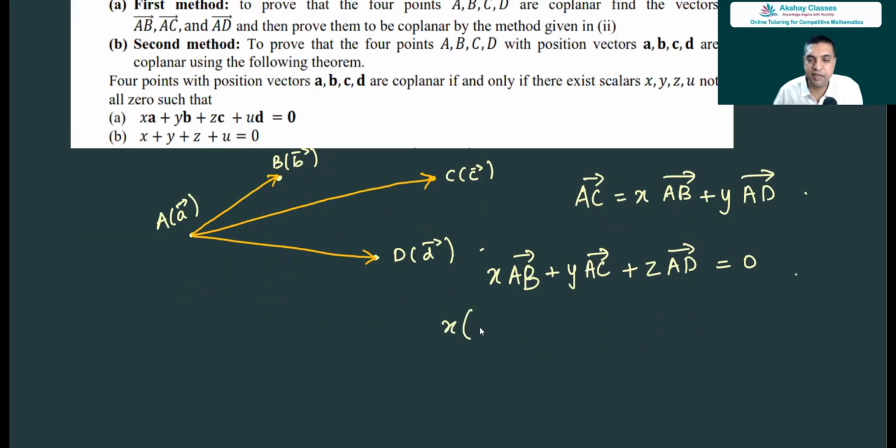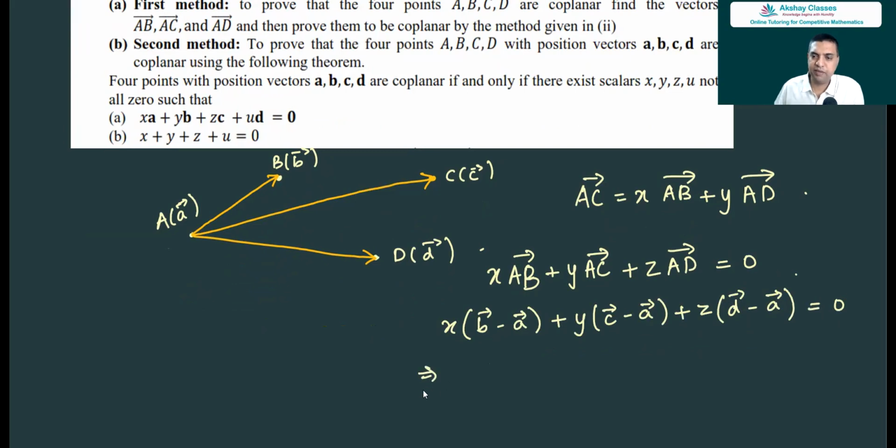That means X times (B cap minus A cap) position vectors plus Y times (C cap minus A cap) plus Z times (D cap minus A cap) is 0.